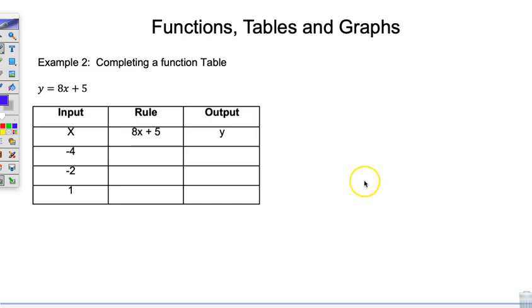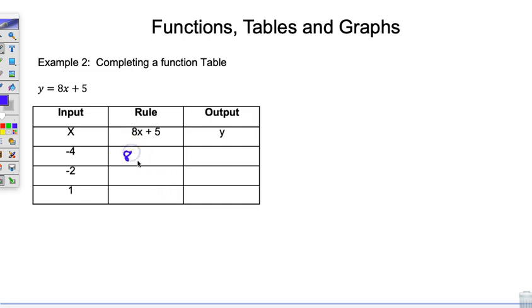Let's take a look at another example. This time it looks like my rule is 8x plus 5. They did give me all of the x values, and check it out, none of them repeat. So I'm going to replace each x value into the rule to determine what my output or my y value is. So let's go ahead and get started.